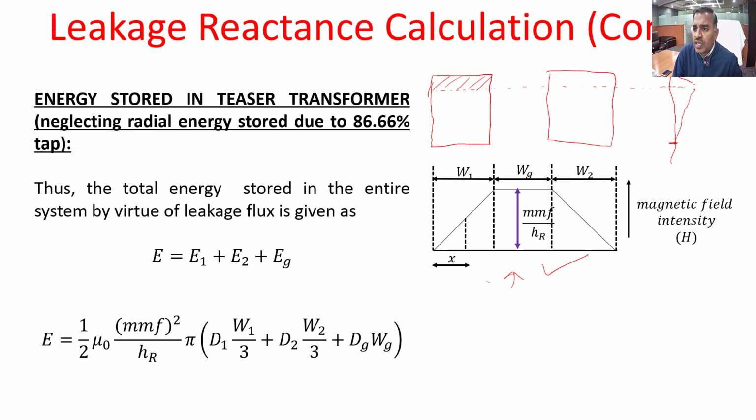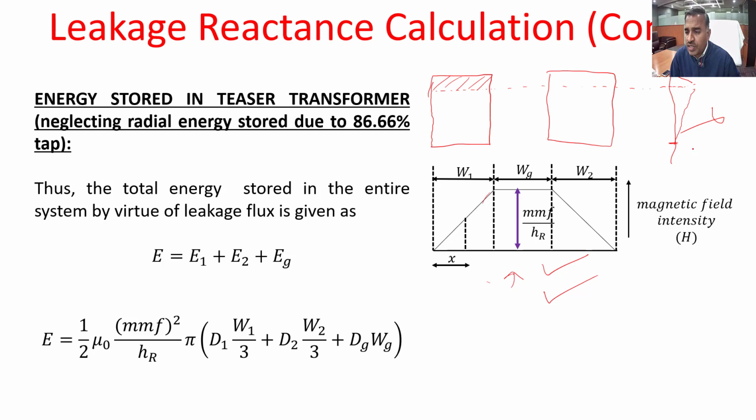So this is how the MMF wave will be there in the radial direction also. But ignoring such an effect, suppose you have a separate transformer with 86.66% turns on the primary, and the secondary turns are same as the secondary of the main transformer. Such a teaser transformer, if you have, then this calculation will hold.